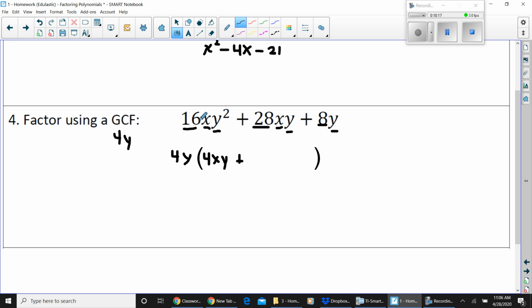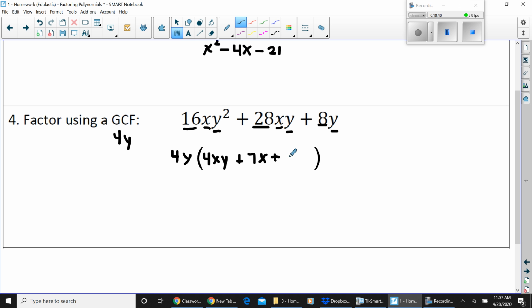You would get this. So 4 times what equals 28? That is 7. There is no x that I pulled out, so I'm going to bring the x down. And to see this y, it's okay, you don't have to put anything there. And that is it. If you multiplied it, you would get exactly this.